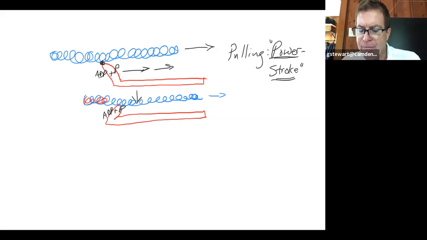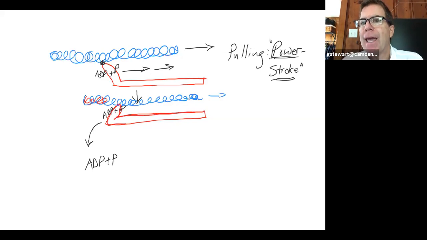So after that, during the power stroke, ADP and P are released, but the myosin molecule is still attached to the actin molecule. It can't release. The myosin molecule cannot release from actin until a new ATP attaches to it. So when a new ATP attaches here, after these come off, then myosin releases from actin.